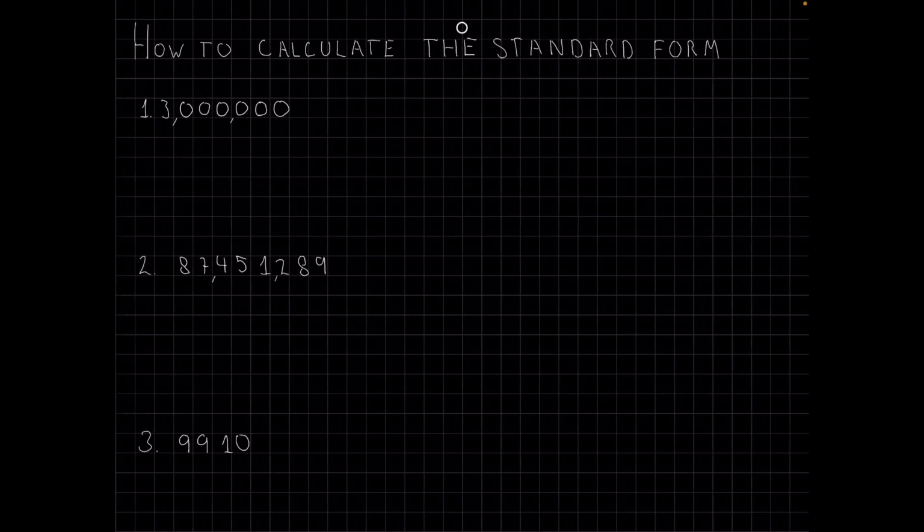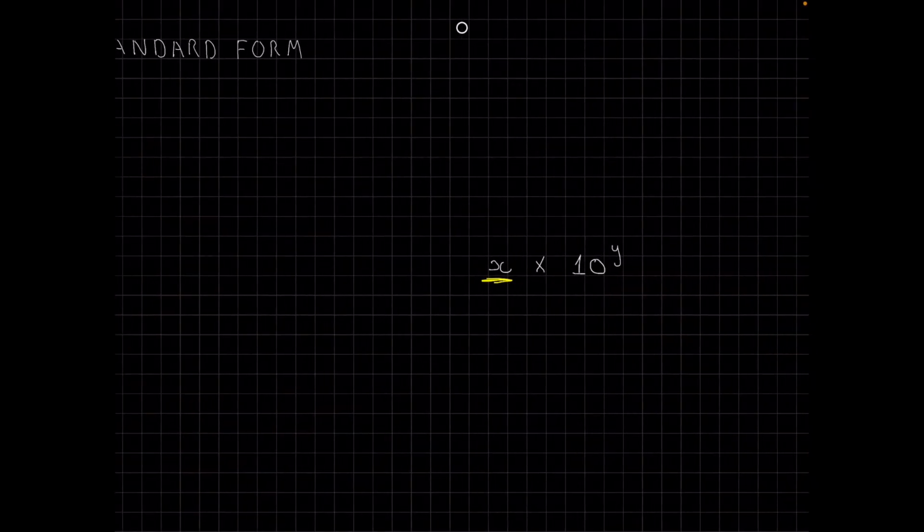How it works is first we need to find out what the powers of 10 are. For example, 10 to the power of 1 equals 10, because it's basically 10 times nothing. Not 10 times 0, because 10 times 0 is 0, but 10 times nothing.